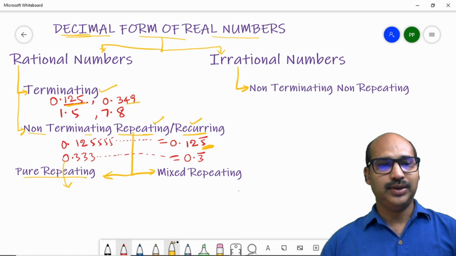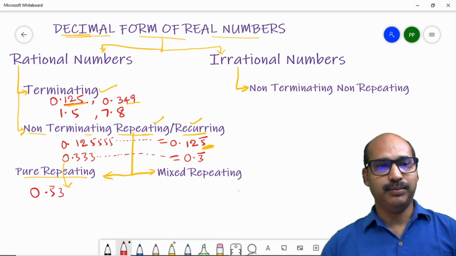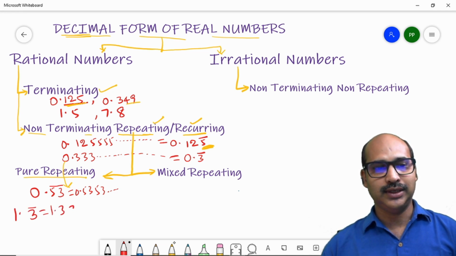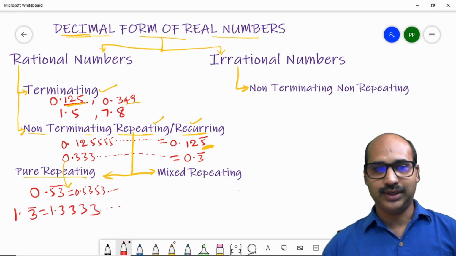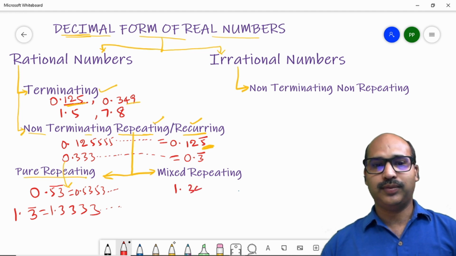So here you can consider 0.53 bar. That means after the decimal, 0.53, 53 and so on. You can consider one more example, 1.3 bar, which is equal to 1.333 and so on. Here in this case, 1.34999, one example, and so on.